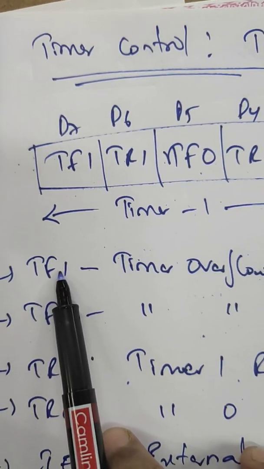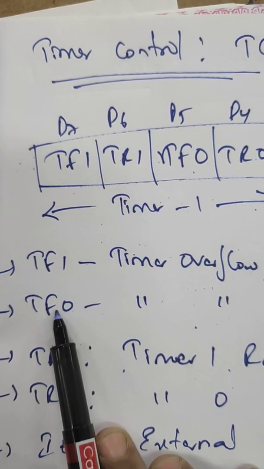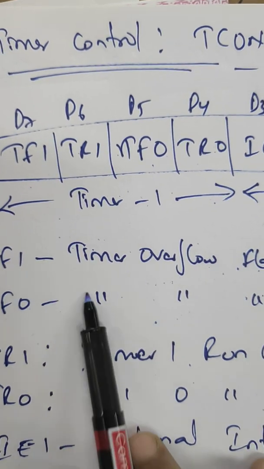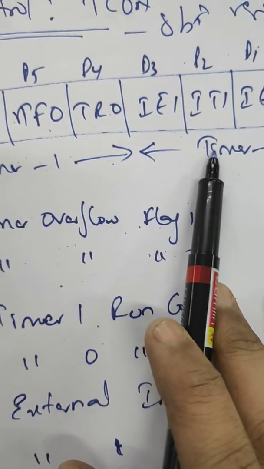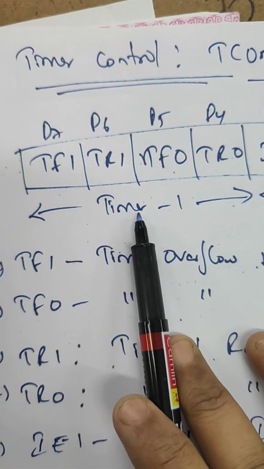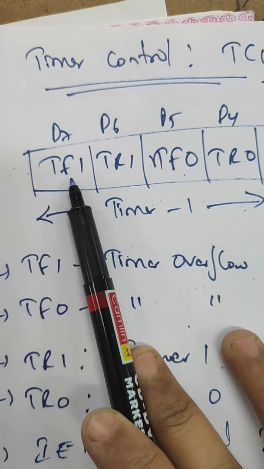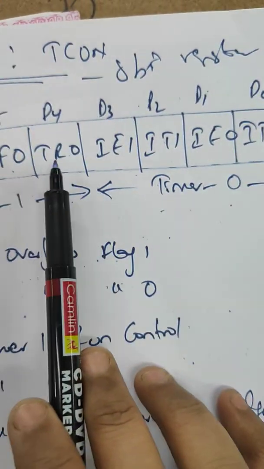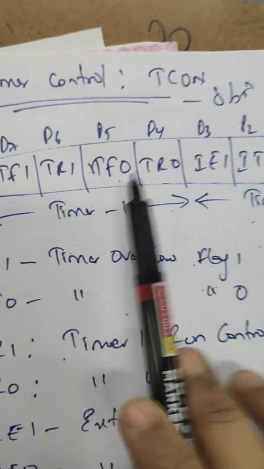Otherwise, it is 0. Whereas timer overflow flag 0 is set to 1 when overflow occurs at timer 0. So if overflow occurs at timer 1, TF1 is set to 1. If overflow occurs at timer 0, TF0 is set to 1.